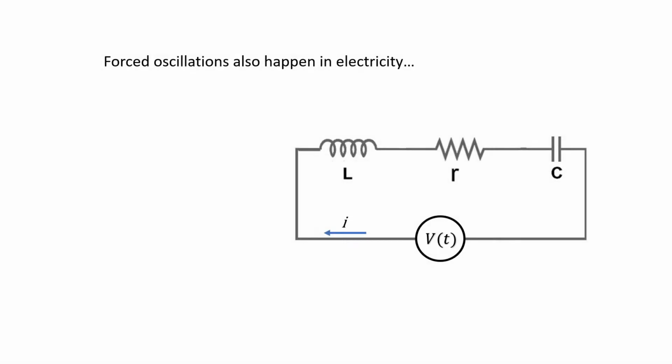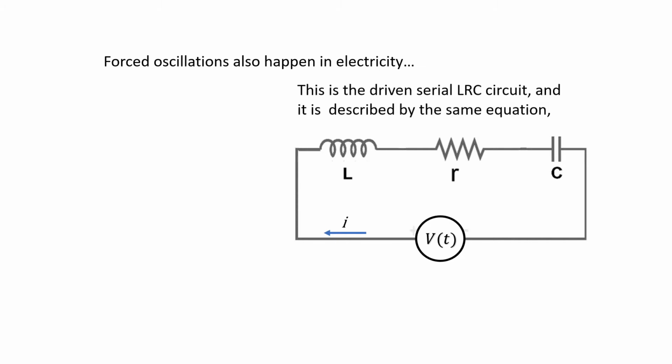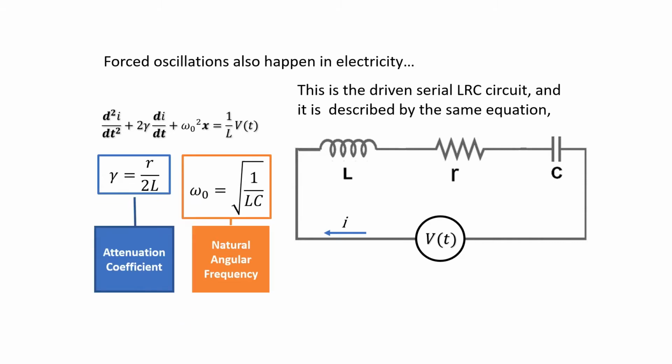Forced oscillations also happen in electricity. This is the driven serial LRC circuit, and it's described by the same equation, where gamma is R over 2L and the angular frequency is the square root of 1 over LC.